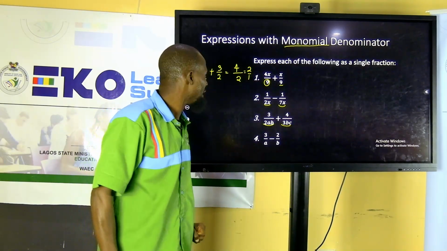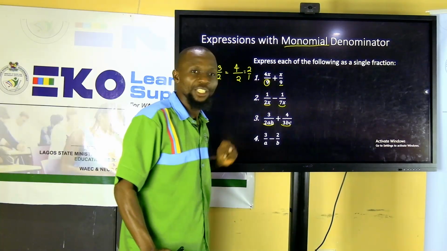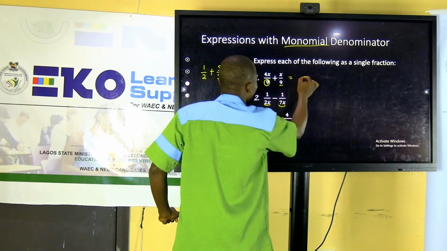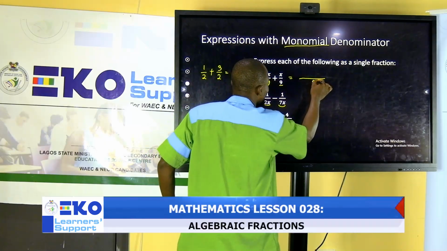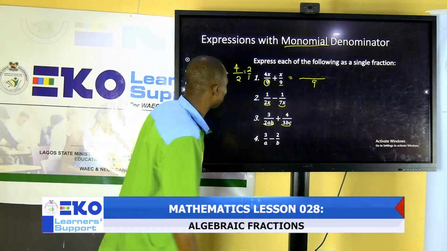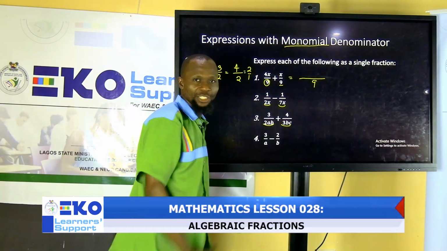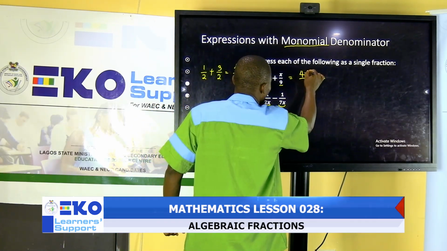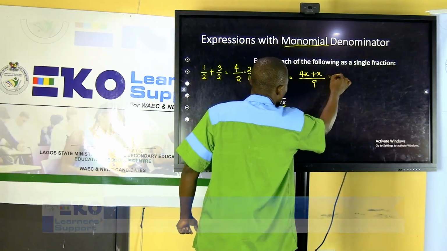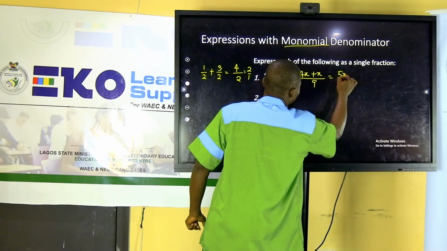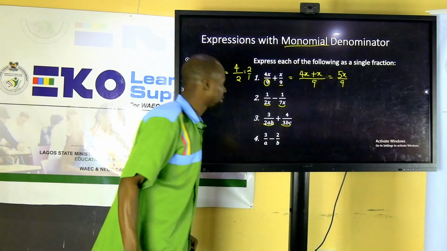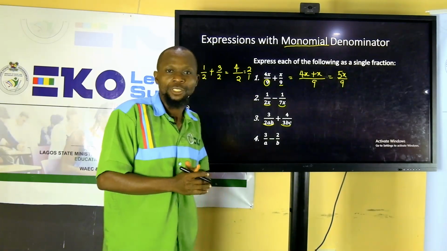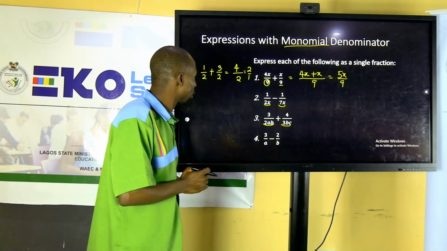So the same thing here. You just take a common denominator. To solve this, we take a common denominator 9. Then what do we have? Add the numerators together. So we have 4x plus x, and that will give us 5x over 9. All right? So that is just when you have the same denominator for those fractions.